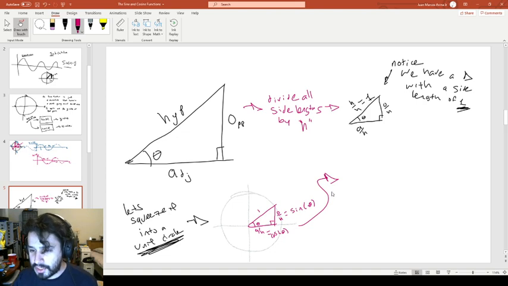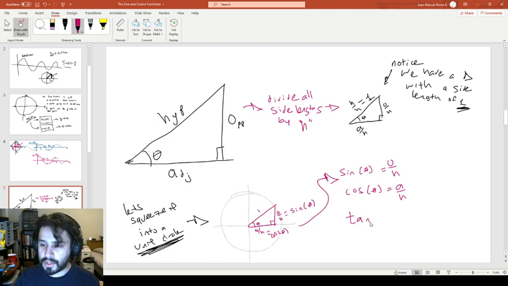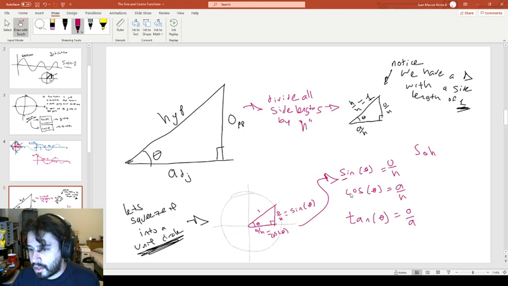But here we see that sine of theta is equal to O over H. Cosine of theta is equal to A over H. And then we'll learn later that tangent of theta is O over A. And we remember that as SOH, CAH, TOA.